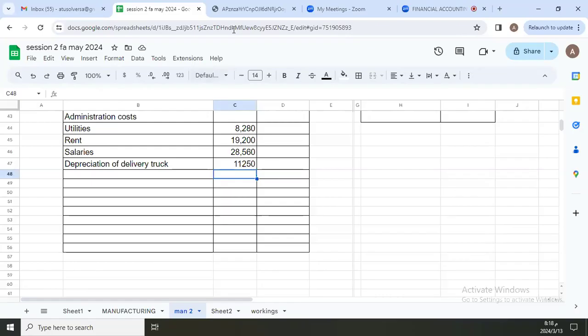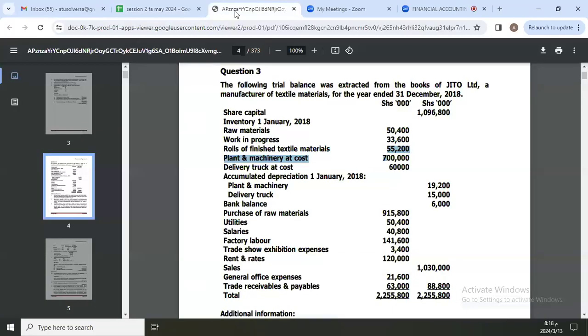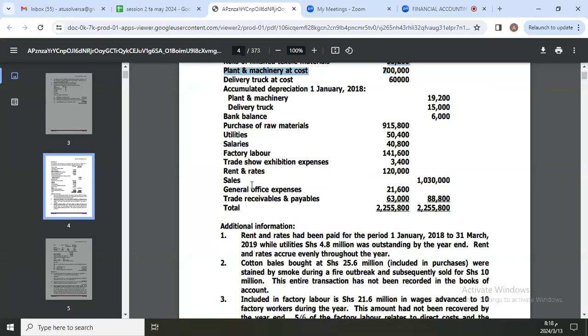Okay. We come and check. We have general office expenses. This was not apportioned, therefore we are going to take it under admin expenses.